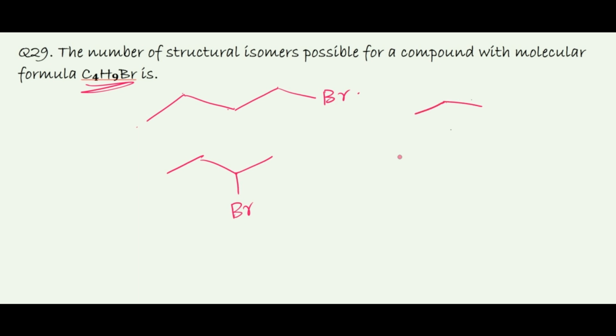Or else you can substitute on the methyl group in another position, 1-bromo-2-methylpropane, and then you can write it like this, 1, 2, 3, 4. So this is a tertiary bromo compound. So in total it can make 4 structural isomers.